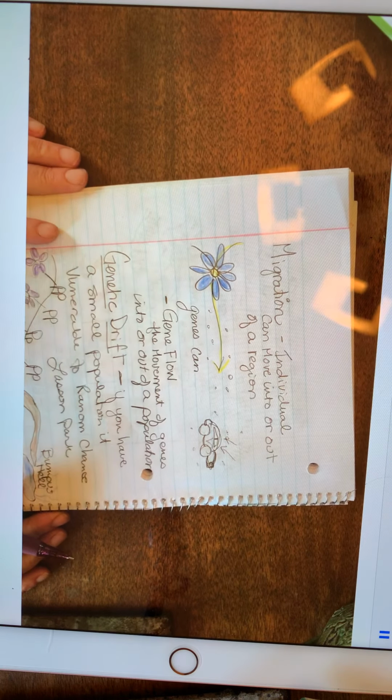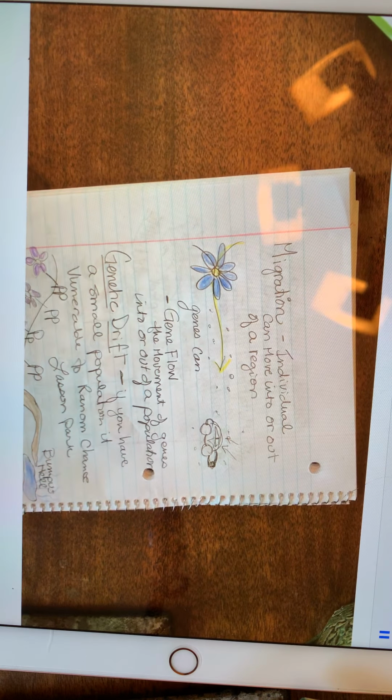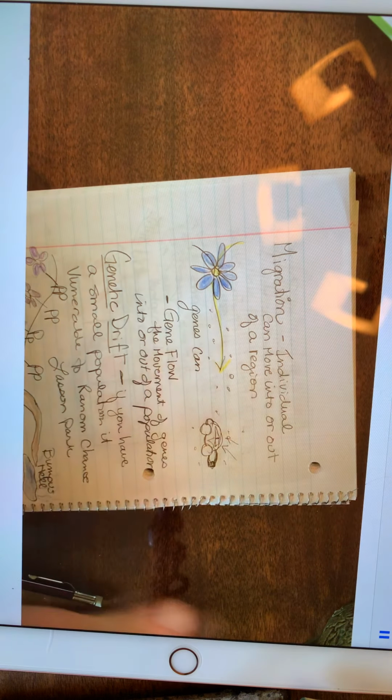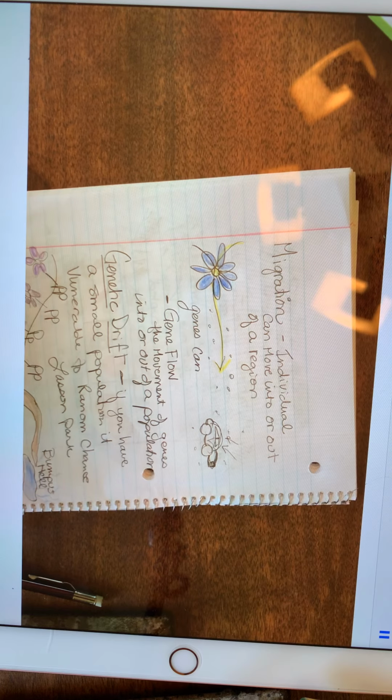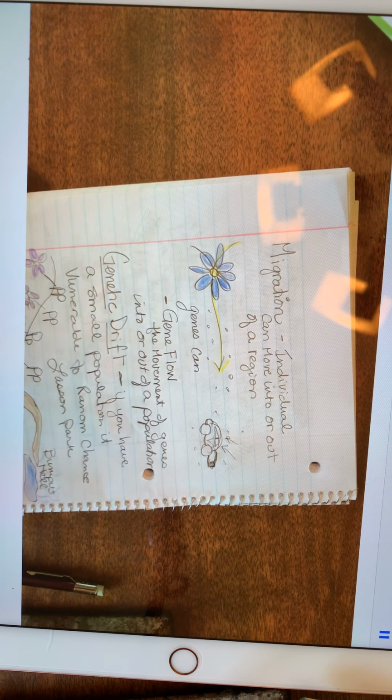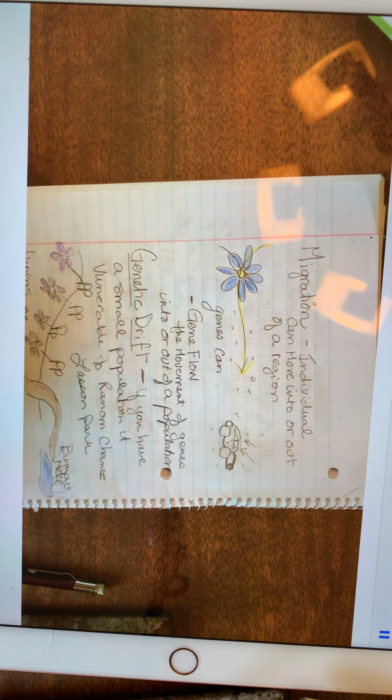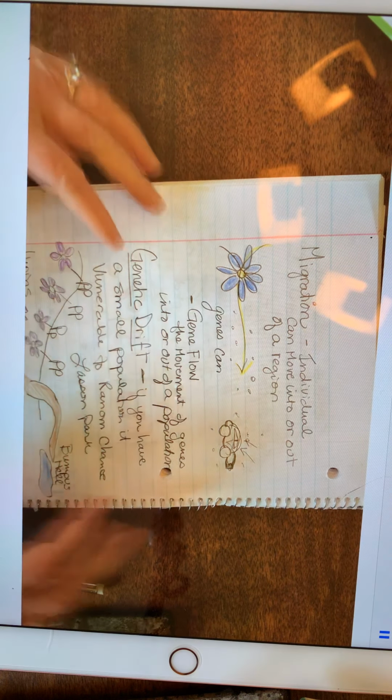Okay, we also talked about migration and the different ways that genes can move into or out of a population. And we primarily used plants as an example of that with their pollen. But the same can be true of animals moving into or out of a population. Okay, genetic drift was our last thing we talked about.